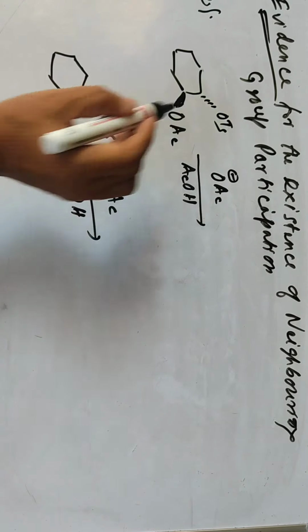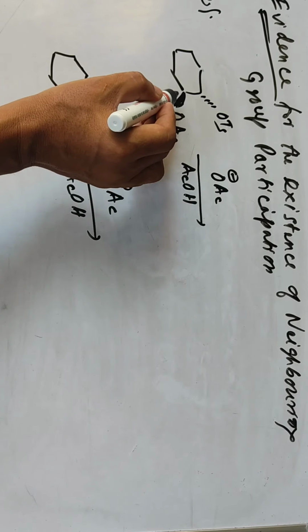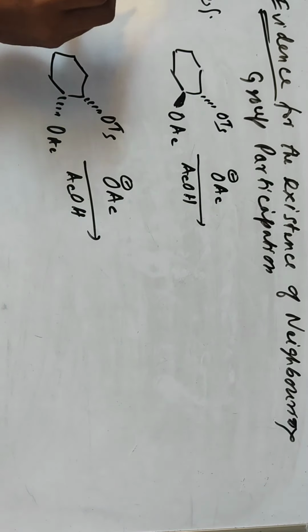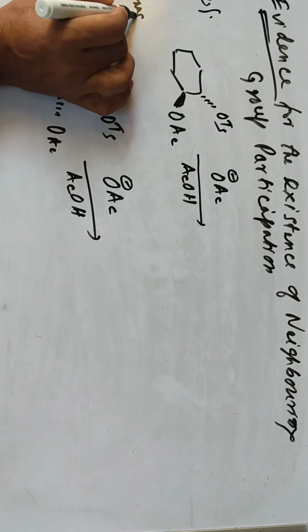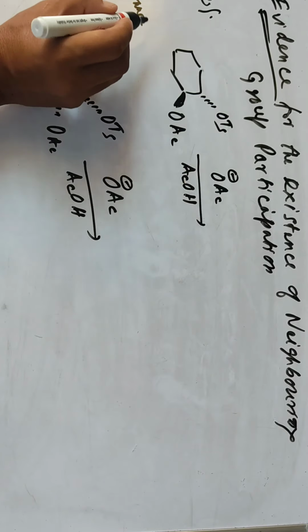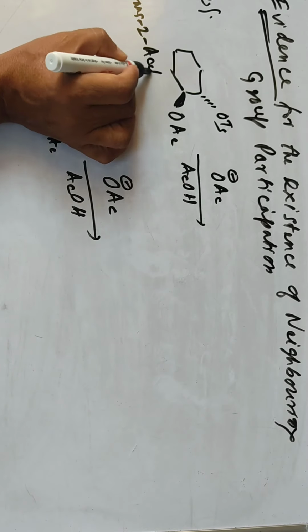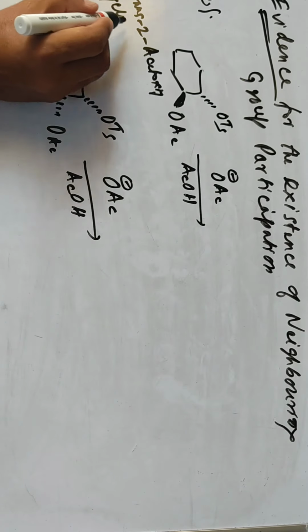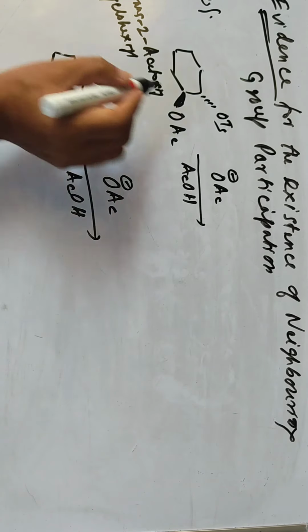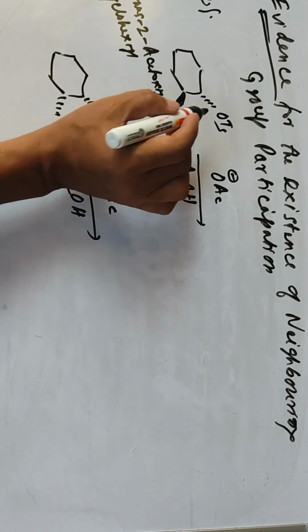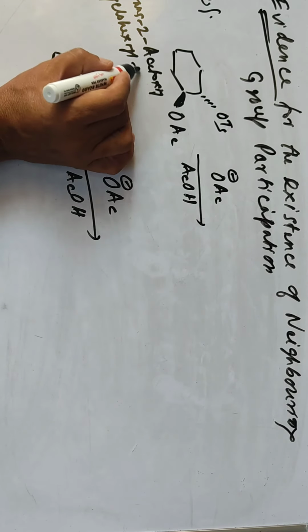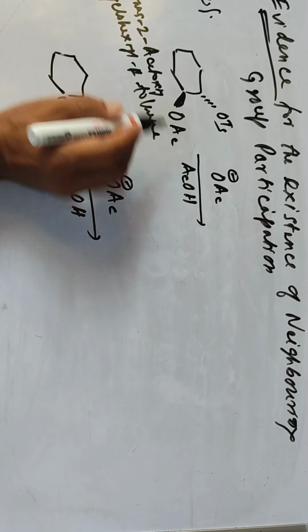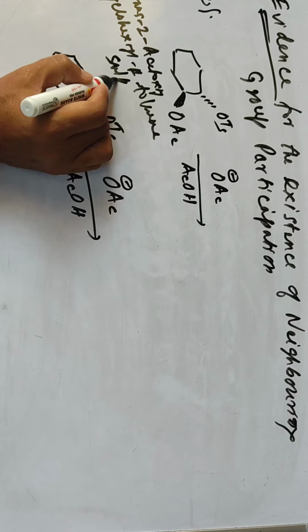You can say trans-2-acetoxycyclohexyl para-toluenesulfonate. This is para-toluenesulfonate, OTs, toluene sulfonate.